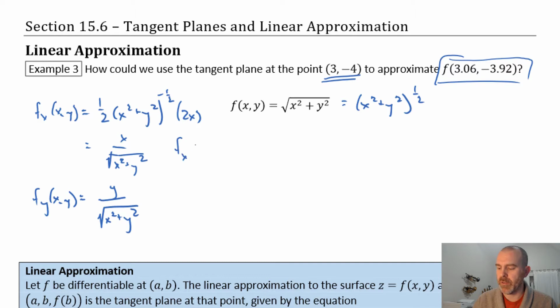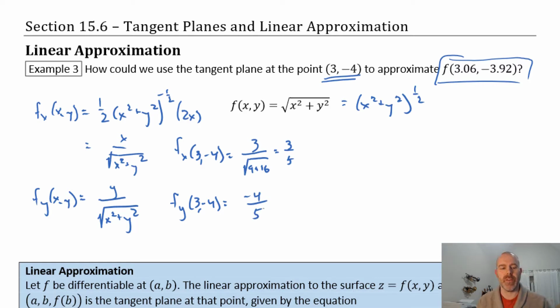Okay, now we need those evaluated at our initial point. The partial derivative with respect to x at (3, -4) will be 3 over the square root of 9 plus 16, so that will be 3/5. And the partial derivative with respect to y at (3, -4) will be -4/5.